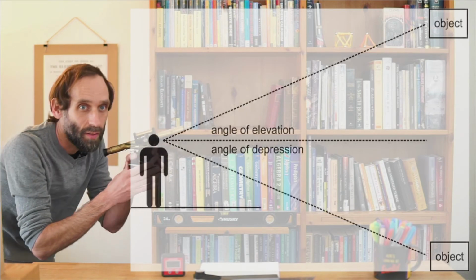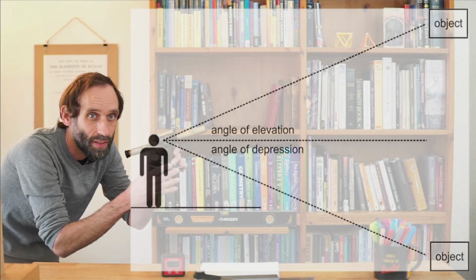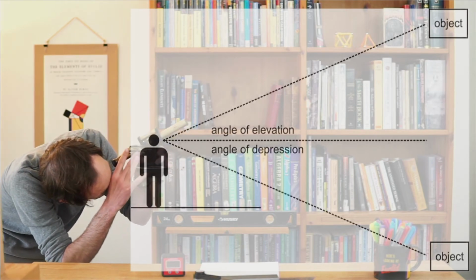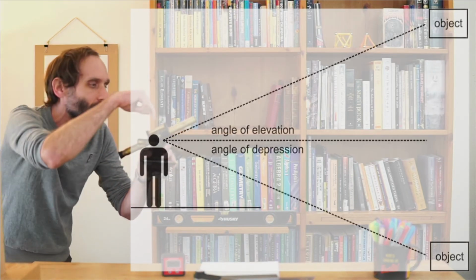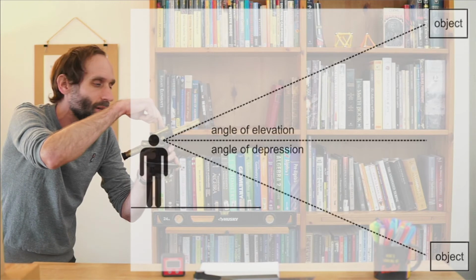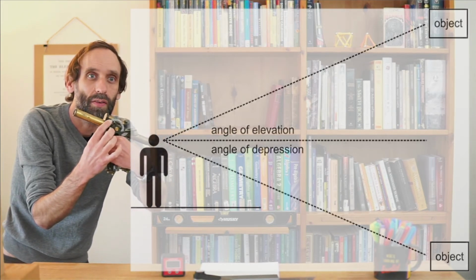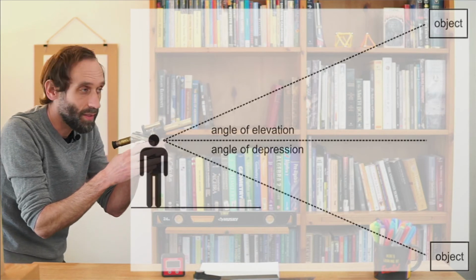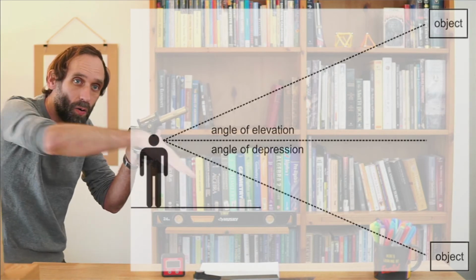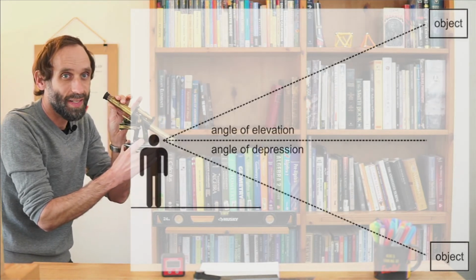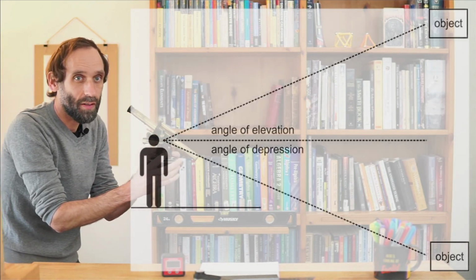So if I set my bubble level to here and I tilted it up at an object and I'd see, oh, there it is at the object, then I could look, and you can't see it, it's on the other side, but I could look and see the angle of elevation right here. Similarly, if there was something below horizontal that I looked down at, the angle that I'm looking down at would be an angle of depression.